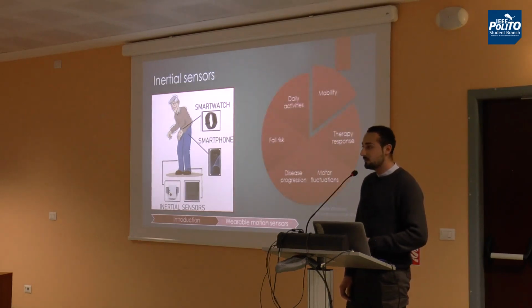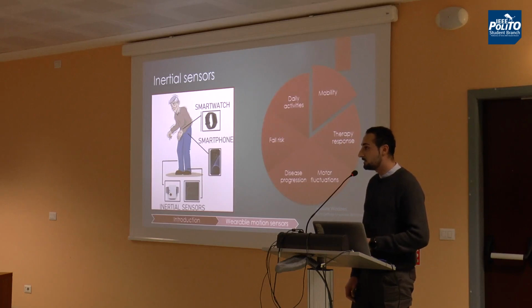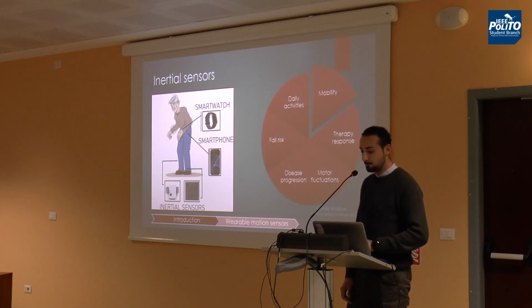The combination of artificial intelligence techniques and wearable technology may help provide useful information about mobility during the day, the response to treatment provided by a neurologist, but also information about the progression of the disease and the risk of fall.